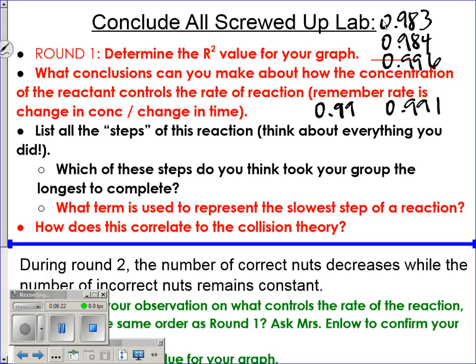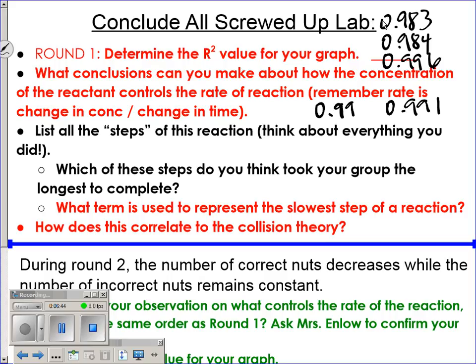This is called zero order because does it matter if you had 1,000,000 screws or like 1 screw in your bag? Did it affect how fast you could put the screw on the nut or the nut on the screw? No, because you were grabbing for the nuts and bolts at the same time, you put them together, boom, you were done. So this is zero order because the slope is constant.